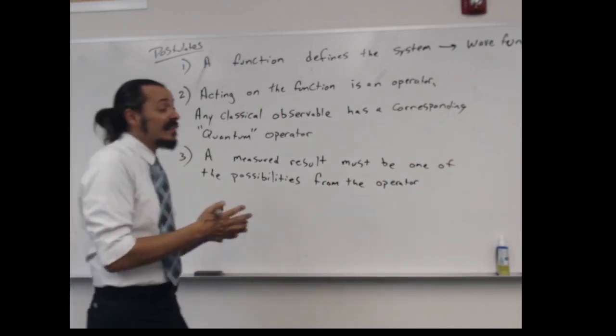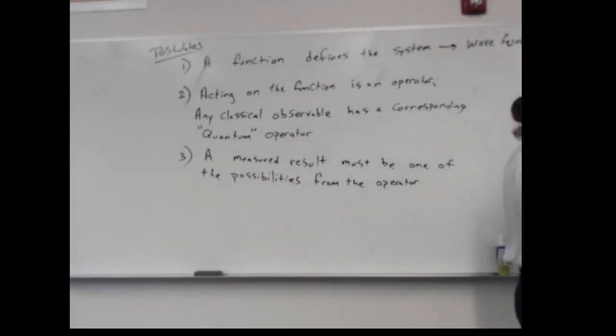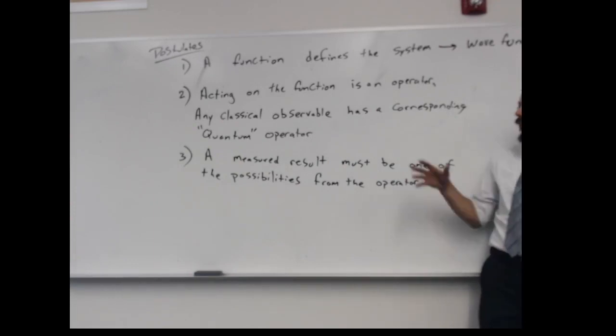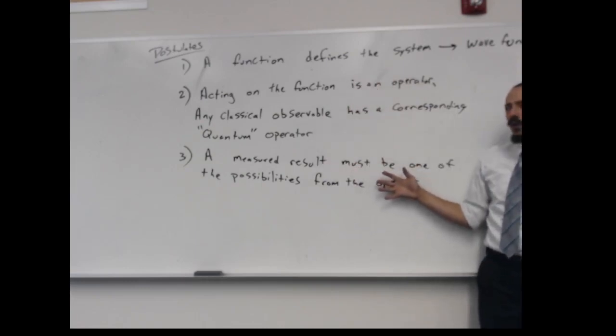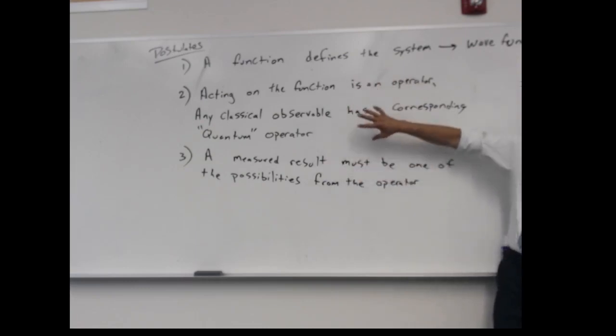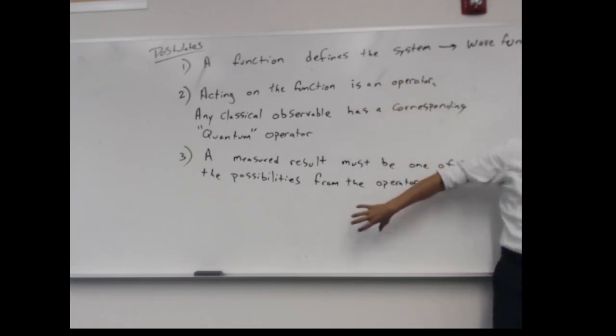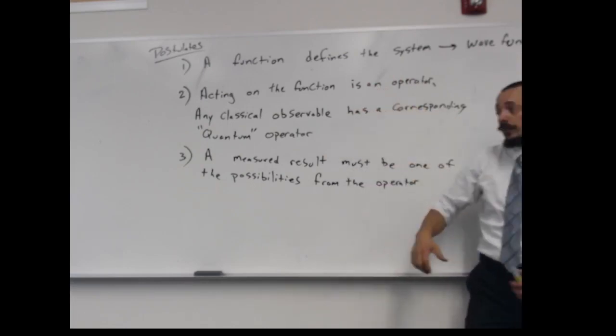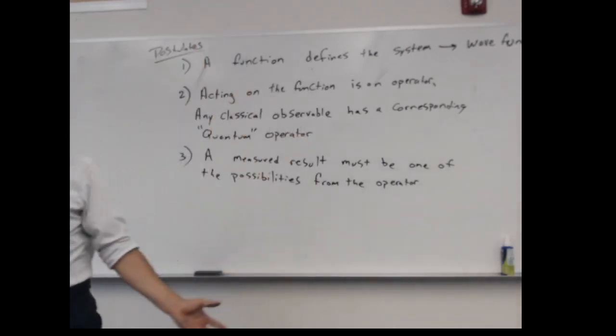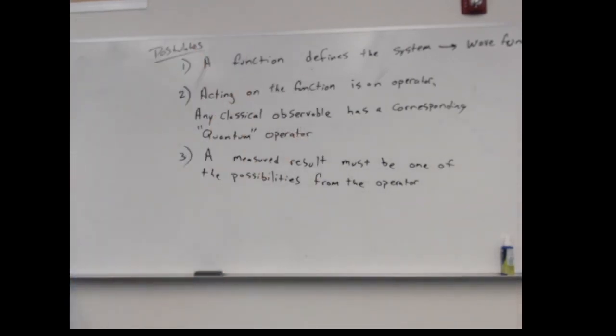This starts to get towards the discrete idea. You've got this answer or this answer, not an in-between answer. So when we start working on these problems, we're going to find that there are certain values we can get out of the operation. Any measurement we make must be one of those values. So we can't measure anything. There are certain values we can measure, and there are certain values we will never measure.